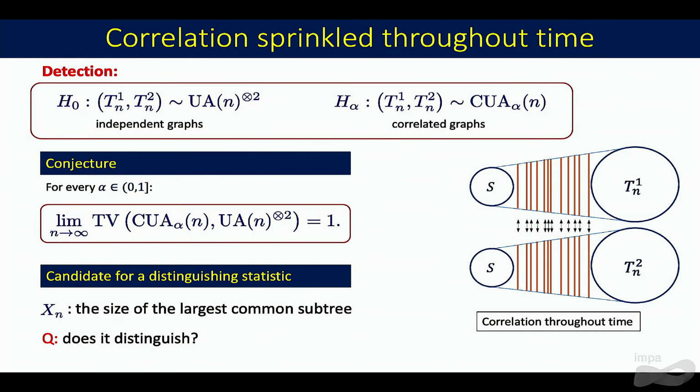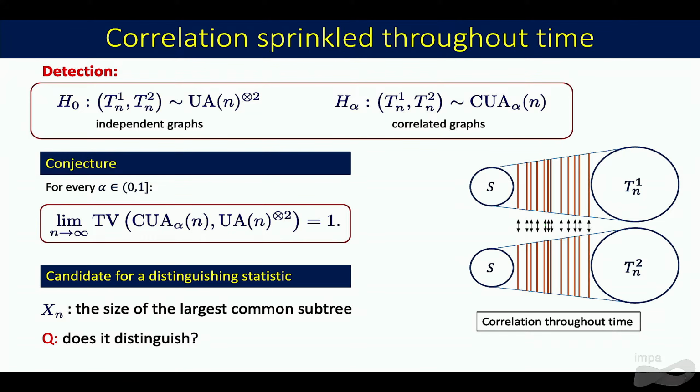Of course, if you want to understand this statistic, you also want to understand it under the null model, which is independent uniform attachment trees. Now, the results I told you about are far from saying anything about this, unfortunately.